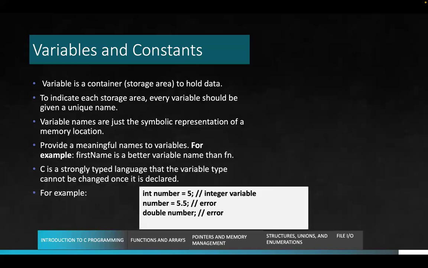A variable will have access to a particular memory location. Let's say you have declared an integer variable. An integer variable will have 4 bytes of data. These 4 bytes of memory inside your machine get occupied or blocked by this variable.